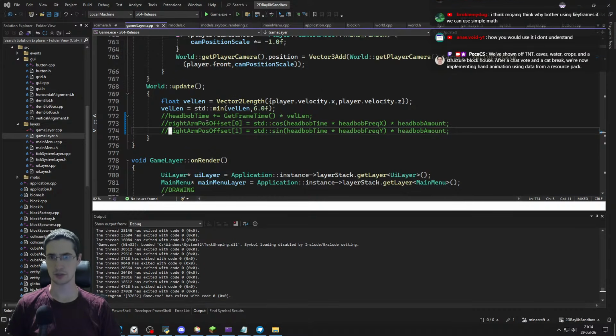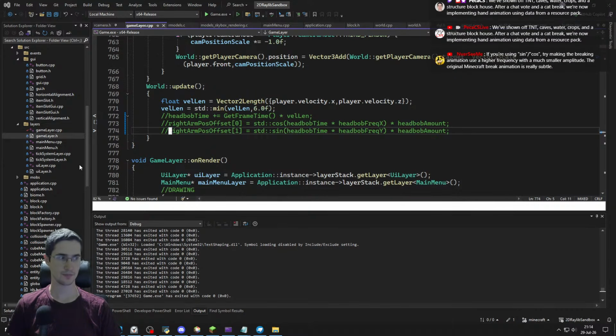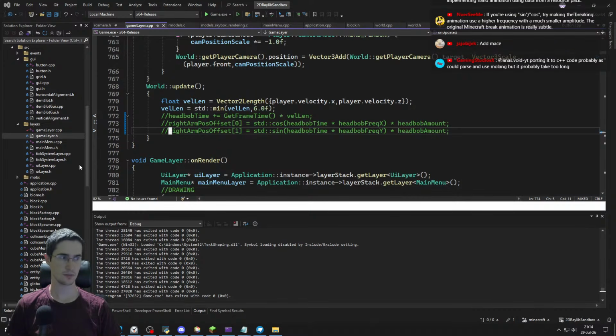And we'll have a position offset and a rotation offset. Try making the break animation use a higher frequency with a much smaller amplitude. The original Minecraft break animation is really subtle. Yeah, we'll play around with it, chat, and see what looks best.